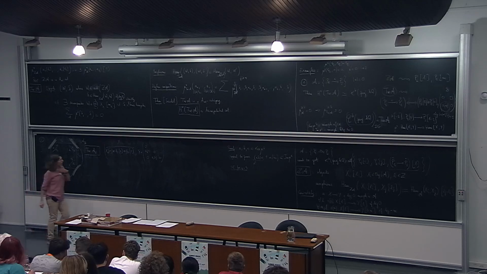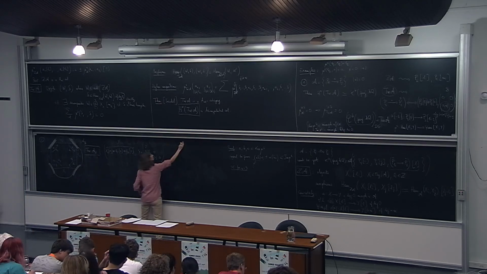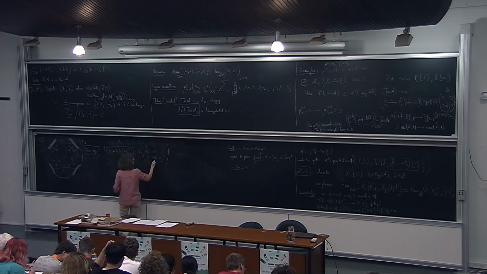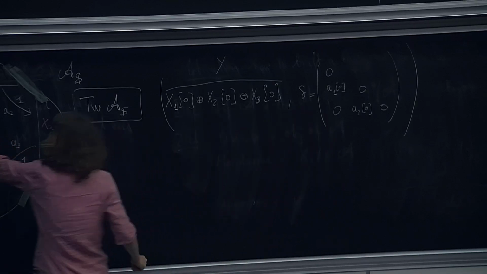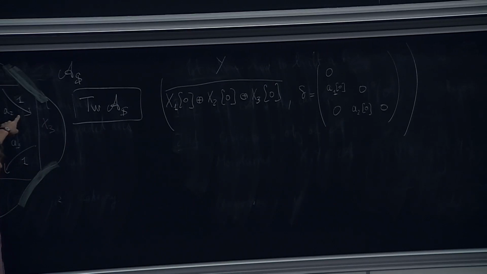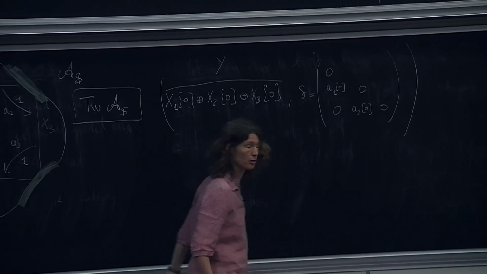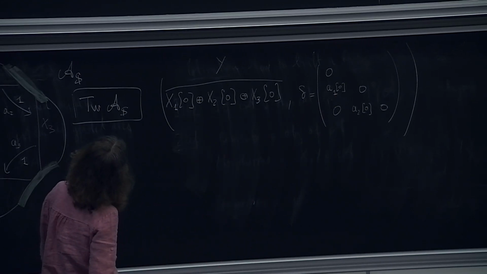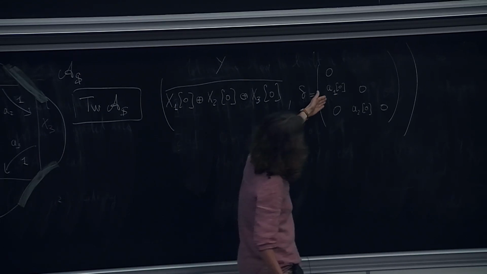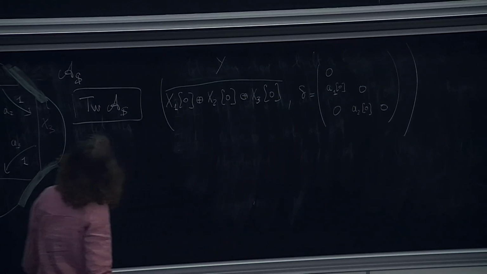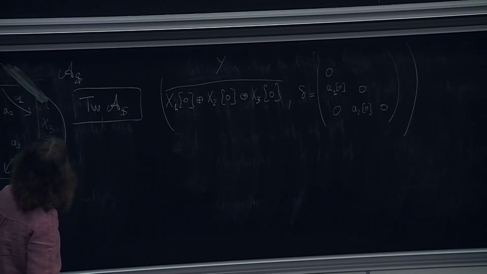And so this is my delta. And since A1 and A2 have degree 1, my delta has degree 1.